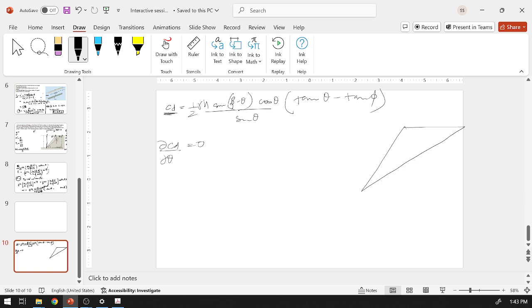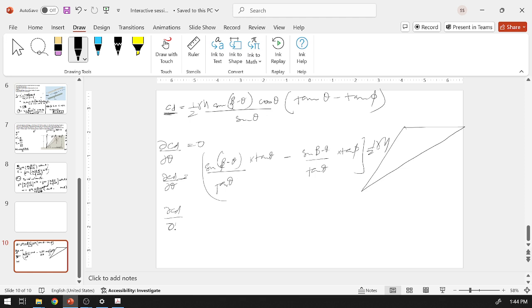So this will be del c_d by del theta equals tan theta sine of beta minus theta over tan theta into tan theta minus sine of beta minus theta over tan theta into tan phi, half of gamma h.